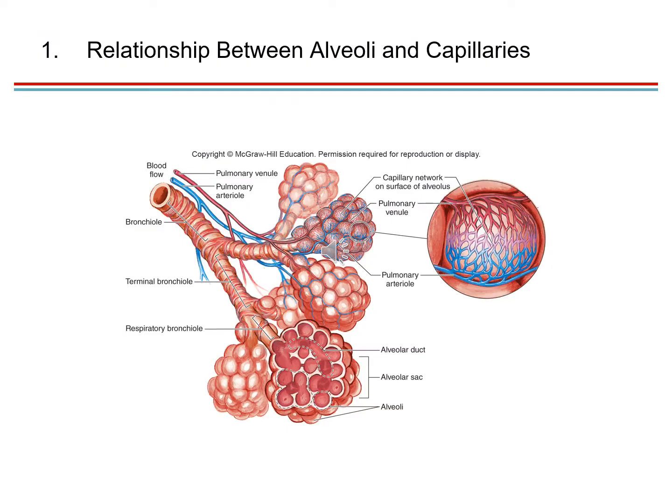In this graphic that represents the terminal bronchioles with the alveolar sacs, you have the visualization of how that very intense, dense network of capillaries wraps around the alveolar sacs and every single alveolus. The function is to assure that perfusion matches with the ventilation.